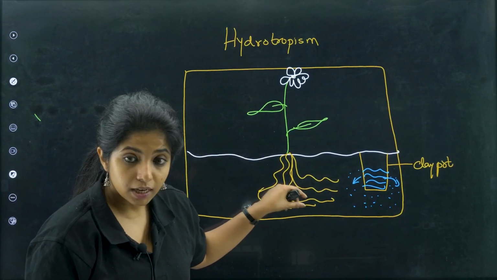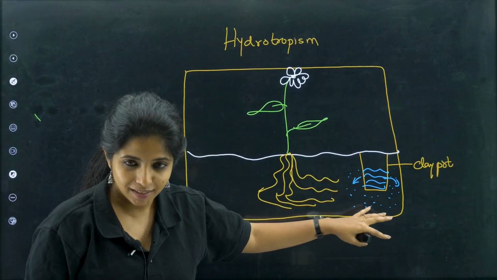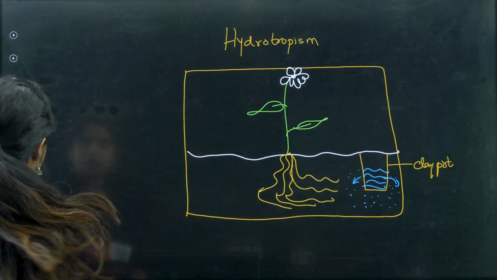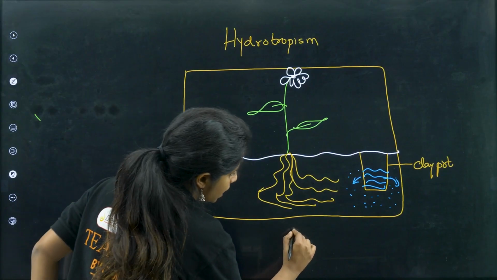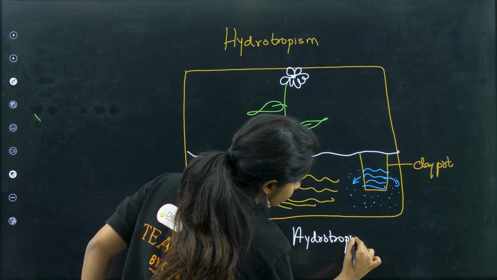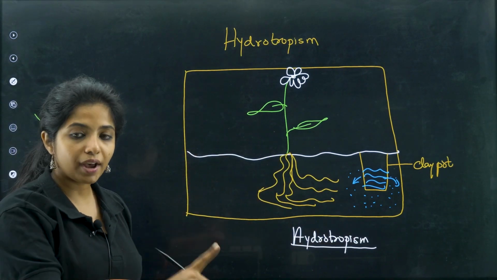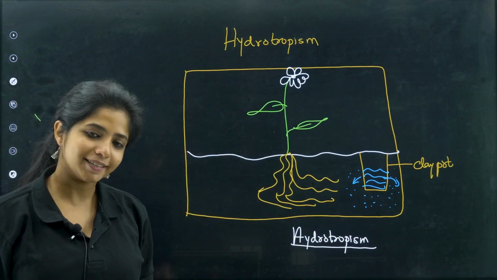Now the roots you see over here will be moving towards the wet region. And this is a perfect example of what? Hydrotropism. So you can give this example and you can show positive hydrotropism happening over here.